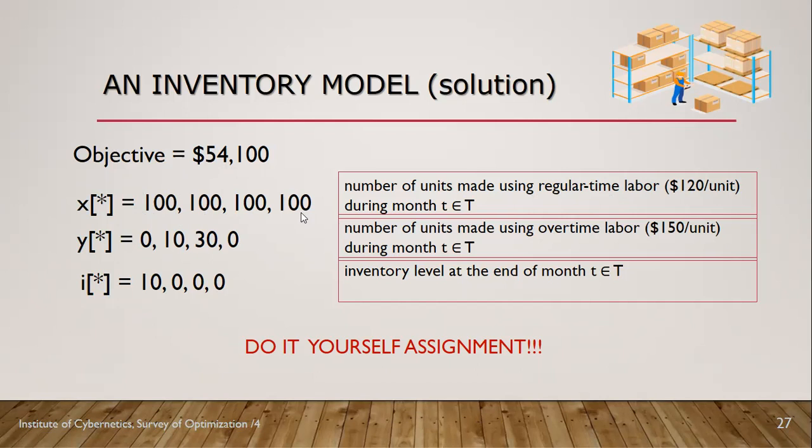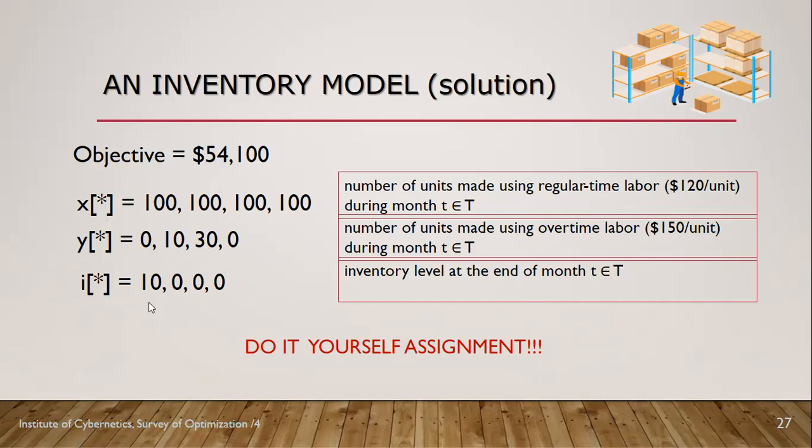Recall that we are talking about a 4 months period. The recommended number of units produced using overtime labor payment is 0 in the first month, 10 units in the second month, again with overtime labor involvement, 30 units in the third month, and no units in the fourth month.